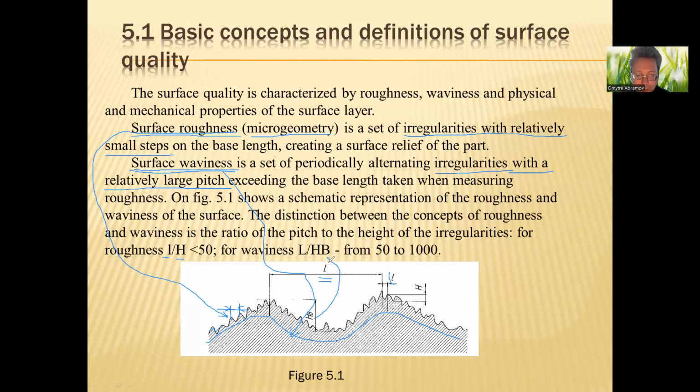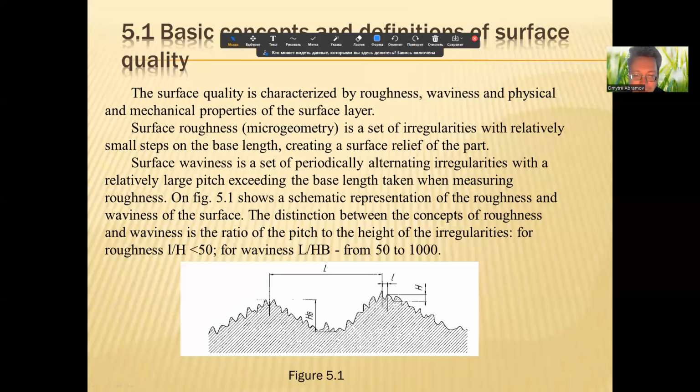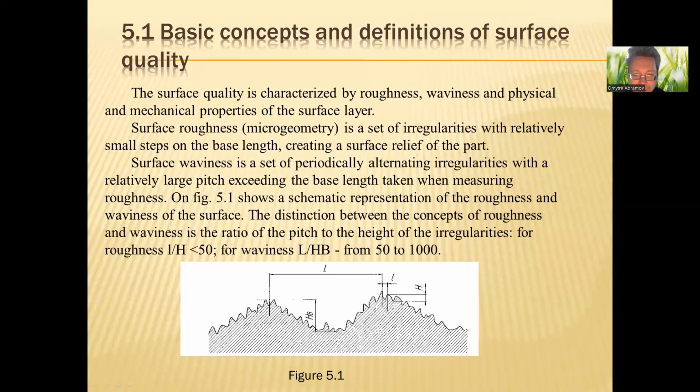This parameter for waviness is from 50 to 1000. Please write down to your notes this scheme on figure 5.1 with parameters. What is the surface roughness? What is surface waviness? And parameters for roughness and parameters for waviness.